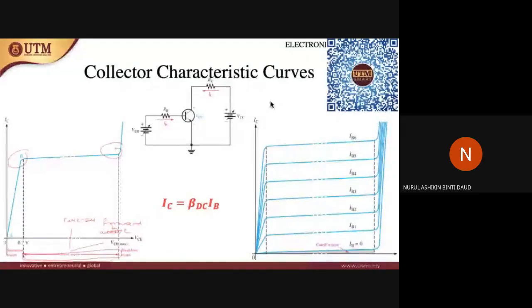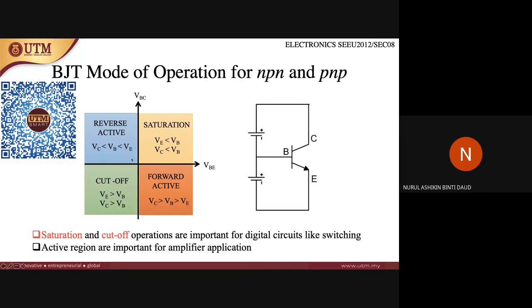If you still remember, I mentioned yesterday that a diode has two types of bias, which are forward bias and reverse bias. But for a transistor, we have four types of bias. These are reverse active, saturation, forward active, and cut off.